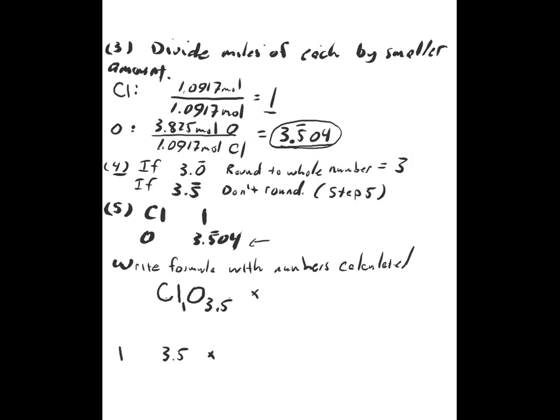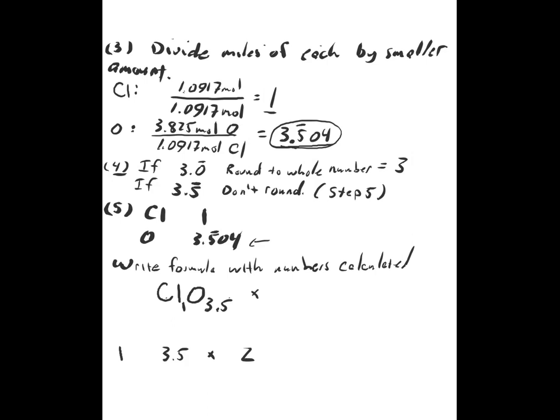Well, let's take the smallest whole number possible, 1. If I multiply 1 by 1, I have a whole number, so that's good. But if I multiply 3.5 by 1, I don't have a whole number. I still have a decimal number, right? So 1 is no good. So we just step up to the next level, 2. What happens if I multiply by 2?